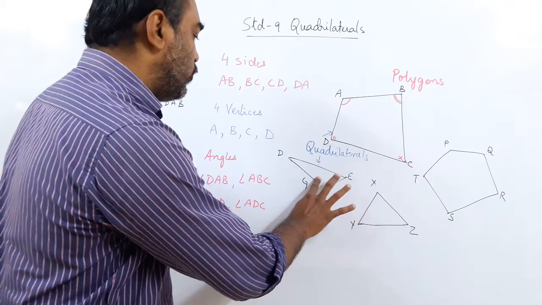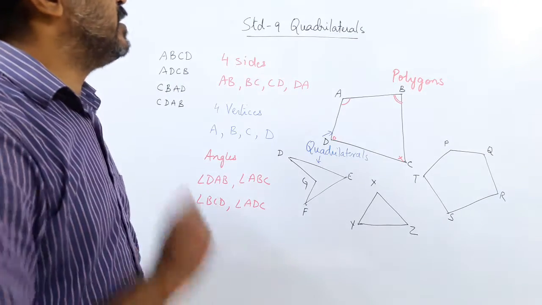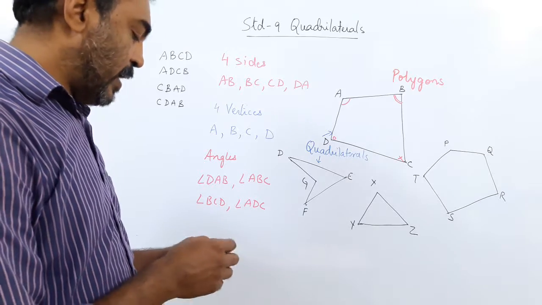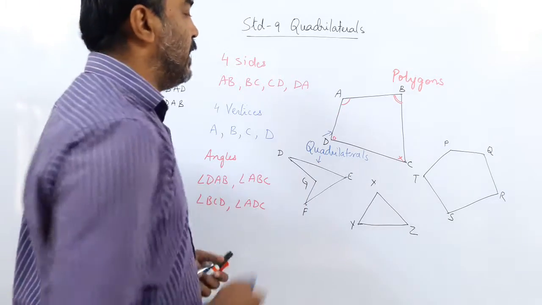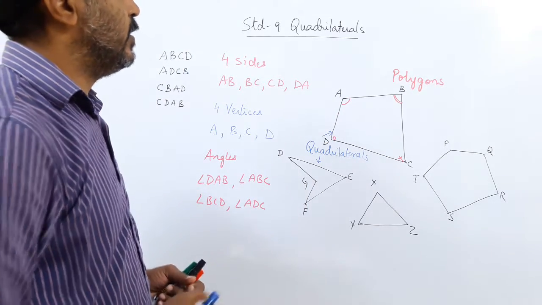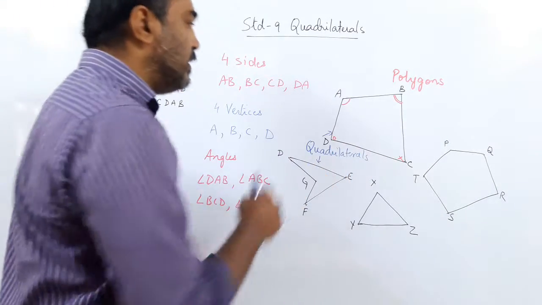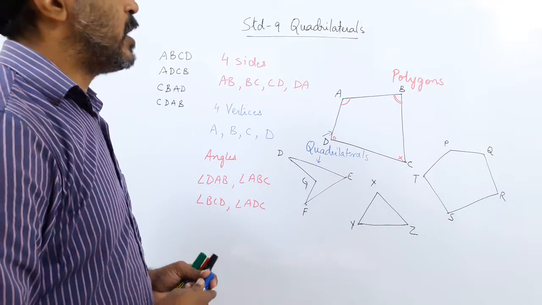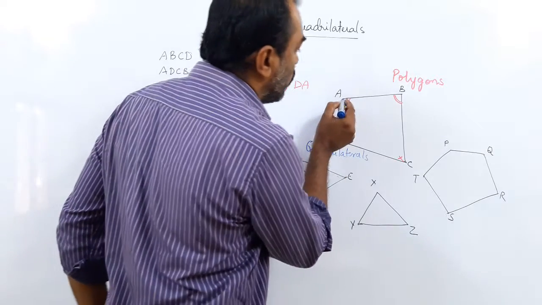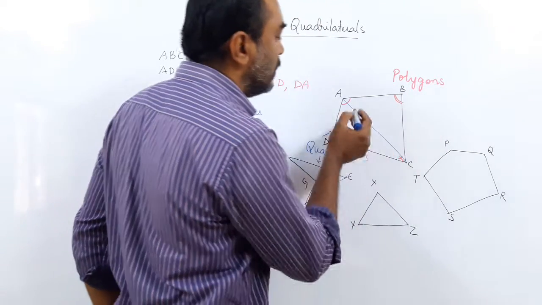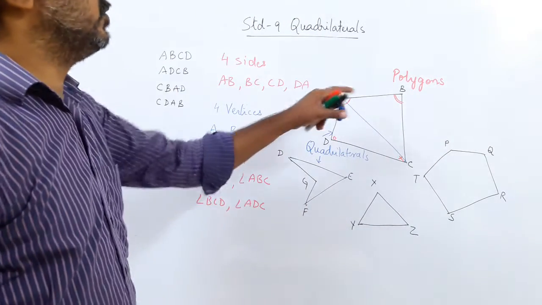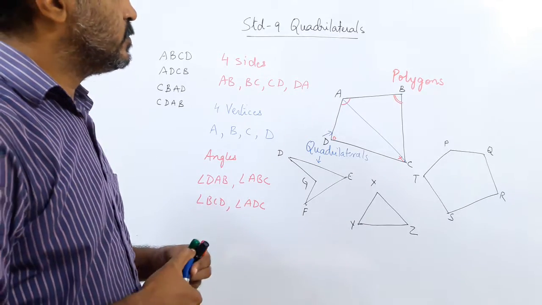Now, if you join a line segment in such a way that it is not to an adjacent vertex, then it is called a diagonal. So if I start from A, then B and D are adjacent, so I cannot take those. If I start from A and go to C, this point is not adjacent to A. Can you see that?